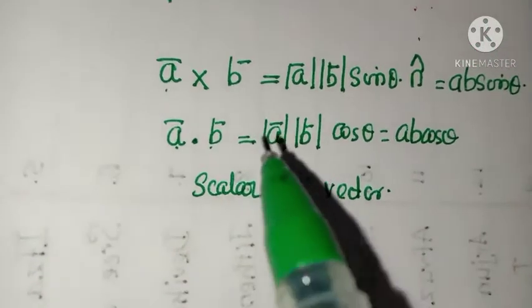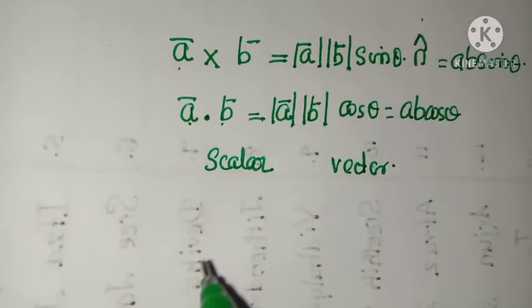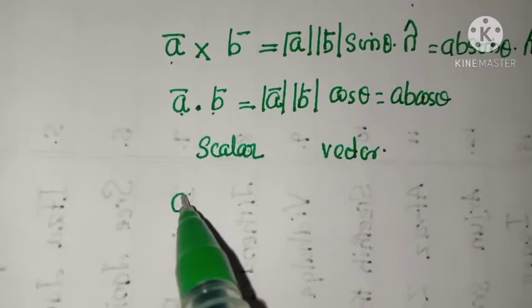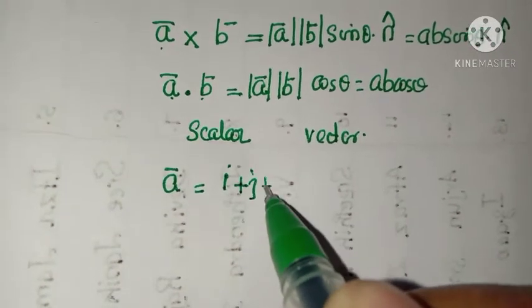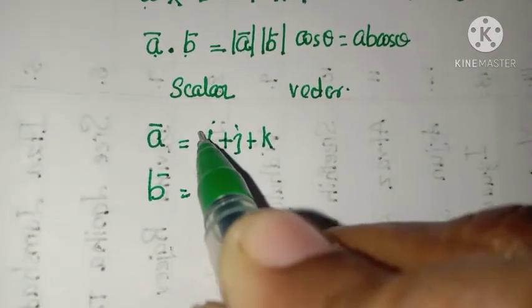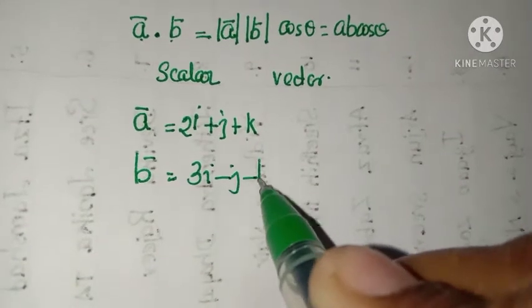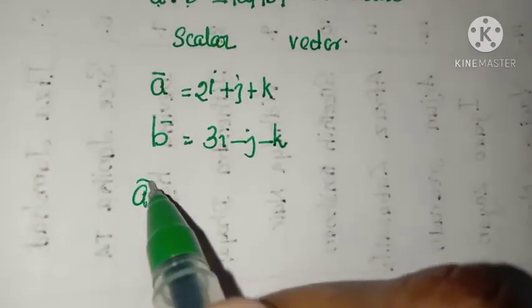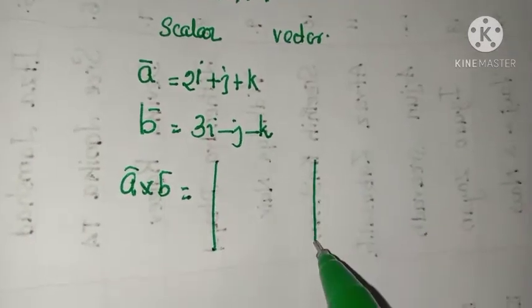Problem-wise, we can find A cross B using the determinant method. Suppose vector A is equal to 2i plus j plus k, and vector B is equal to 3i minus j minus k. Then we can find A cross B using the determinant form.